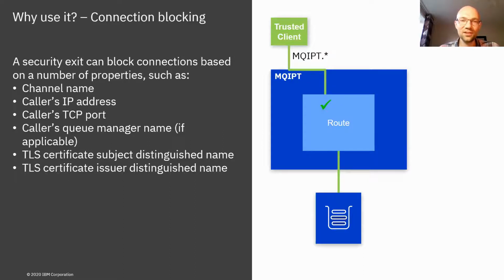Some of these you can set in the MQIPT configuration itself, and MQIPT will do the check and will allow or deny the connection based on that. Others, you have to write your own exit if you want to do the checking, but it's all things that you can do fairly easily in MQIPT.